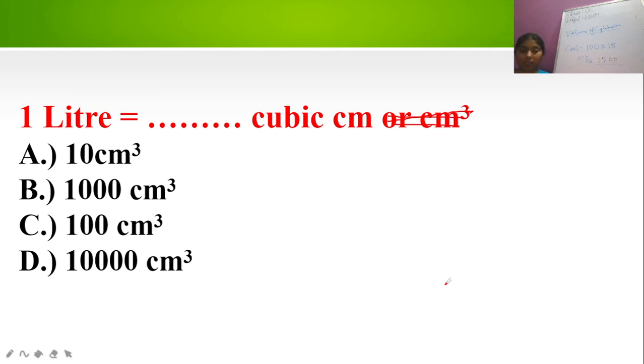Now students, you tell me what is the correct answer for this question. Yes, very good, students. We know that 1 liter is 1000 cubic centimeters.